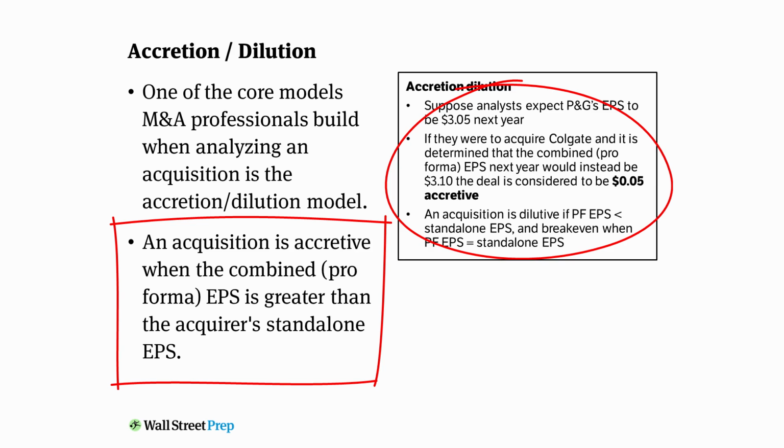So it's a question of what is happening to the EPS at a certain period if you combine the two companies as opposed to if you just look at the acquirer standalone. The deal is accretive if the combined EPS is greater than the standalone, and that's obviously considered a positive thing from the perspective of the acquirer.